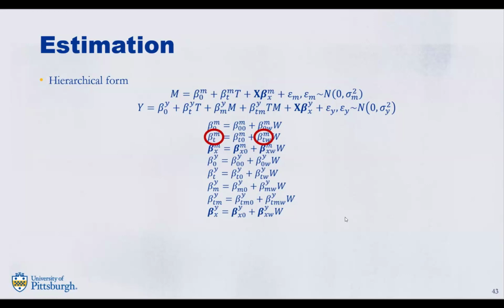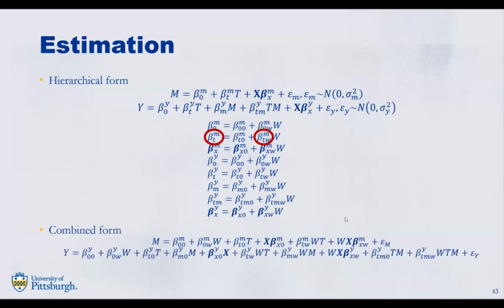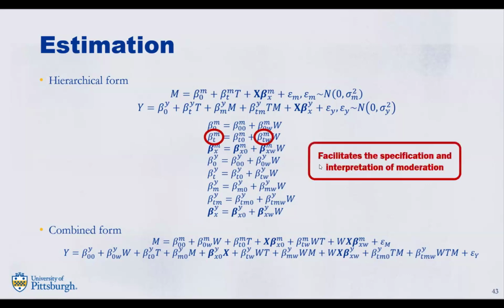And the models can be alternatively written in a combined form, which you may be more familiar with. But if you compare this combined form to the hierarchical form, you may notice that the hierarchical form facilitates the specification and interpretation of moderation.